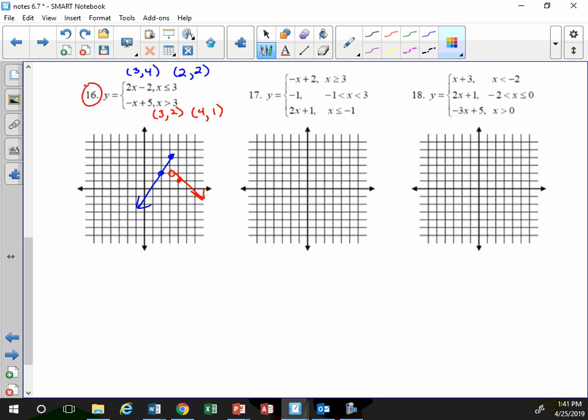Okay. No, only the endpoint can be open.